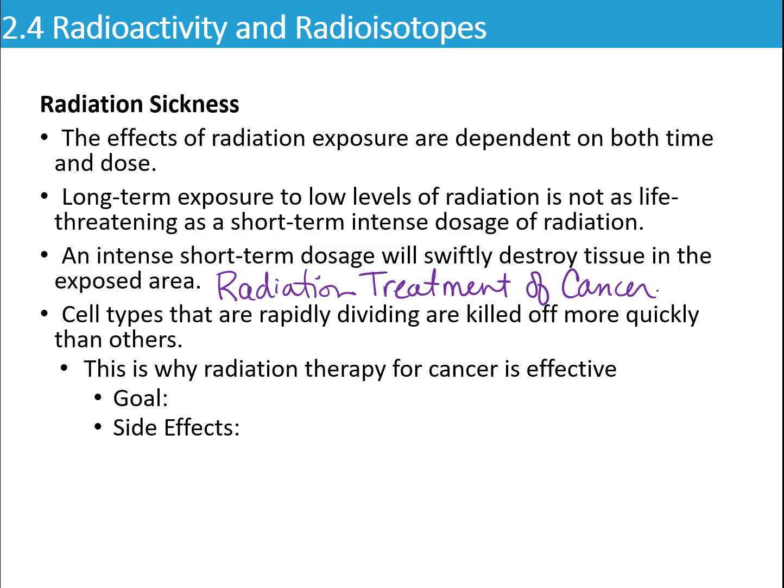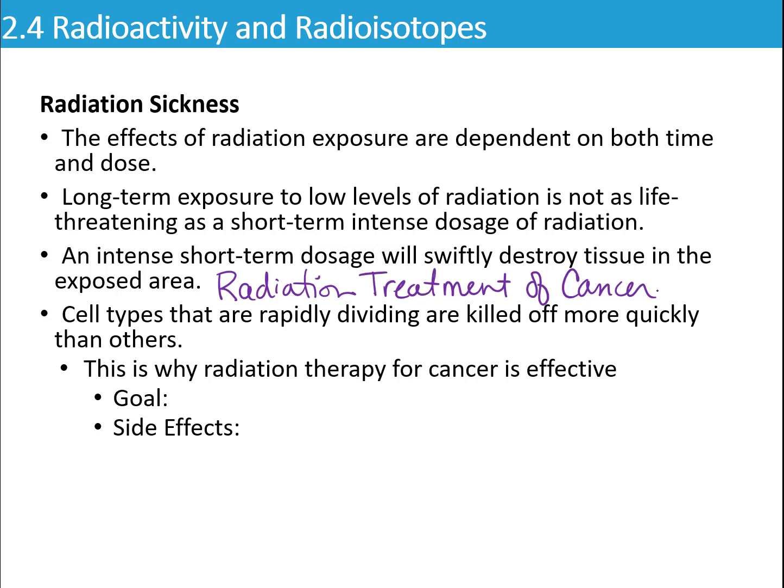Sometimes they will have spot radiation, which means only a certain part of the body is exposed. Say they had a skin cancer removed and it didn't spread, then they might just do spot treatment, which doesn't have as many side effects. But patients with internal abnormal cells that have spread may choose to use whole body radiation.